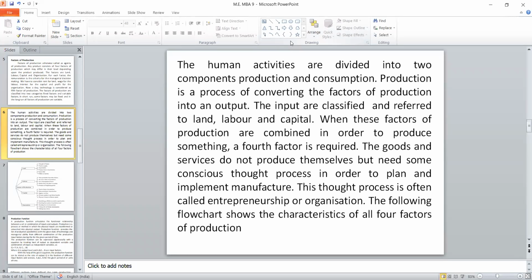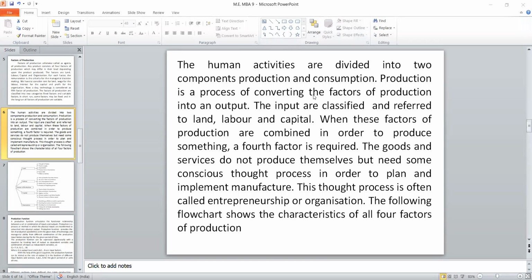Input may be extracted from land, labor, and capital. But when these factors of production combine in an order and produce something, the fourth factor is required. Why? Because how much land should be used, how much manpower is required, and how much money I have to invest, only the fourth factor will decide. So goods and services do not produce themselves, but it requires some conscious thought process in order to plan or implement that particular manufacturing process.